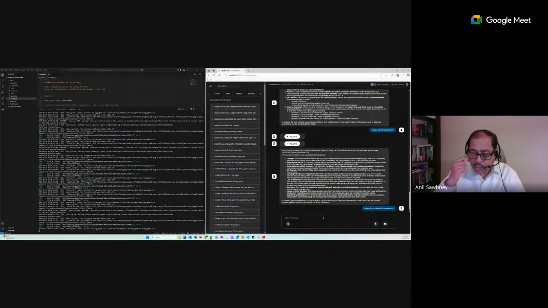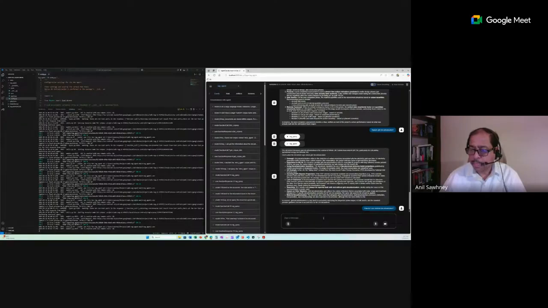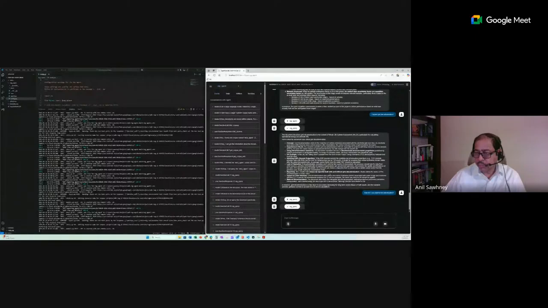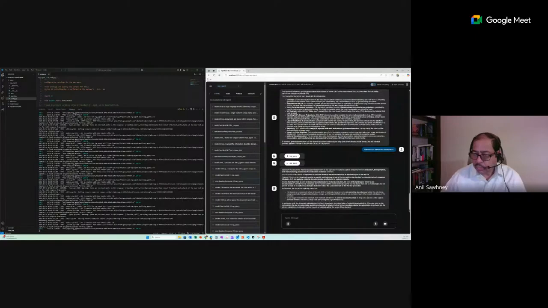Let's do material decarbonization. Expected reduction, yep, so it has picked up the right stuff. Let's throw a tricky question at it now.